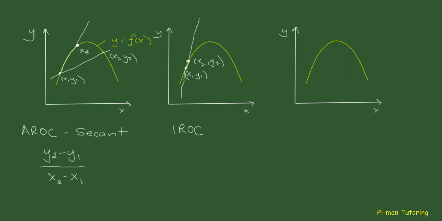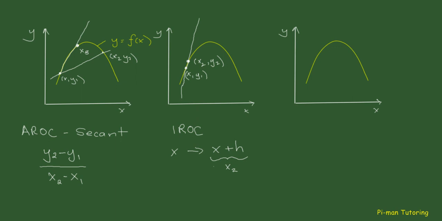So here we let x move a small amount, h, and this x plus h will be our x2 value. And then the slope of that line is still y2 minus y1 divided by x2 minus x1.